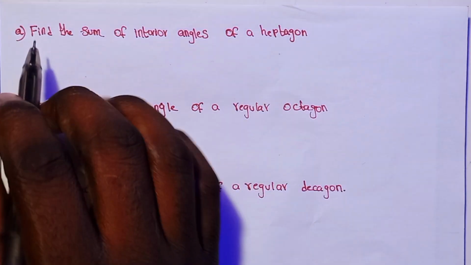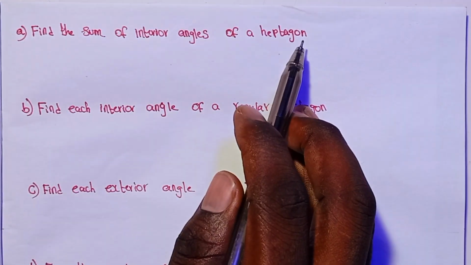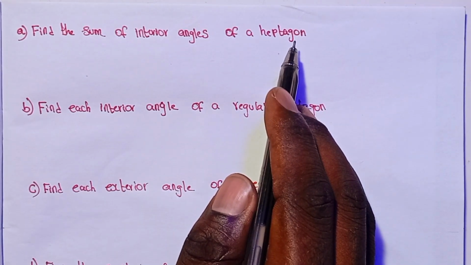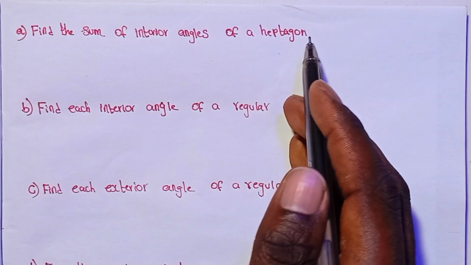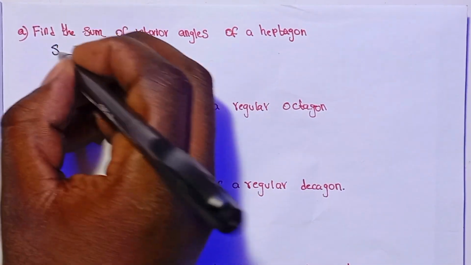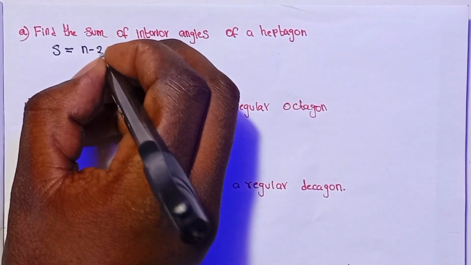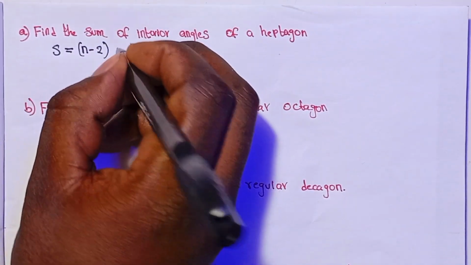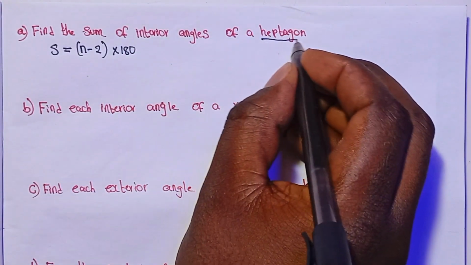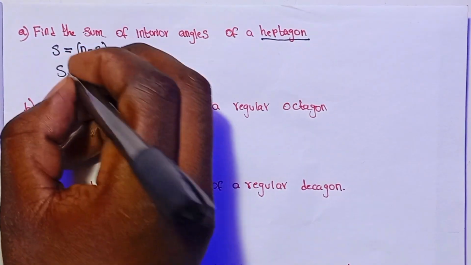The first question states: find the sum of interior angles of a heptagon. What we need to know is that the formula for the sum of interior angles is equal to n minus 2, times 180. Another thing we need to know is that a heptagon has 7 sides, so we replace n.